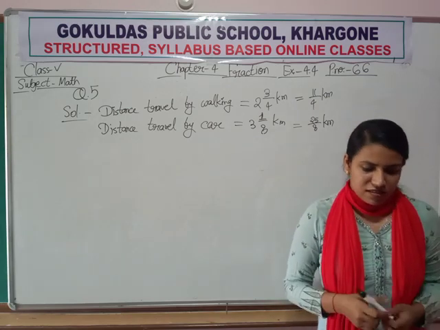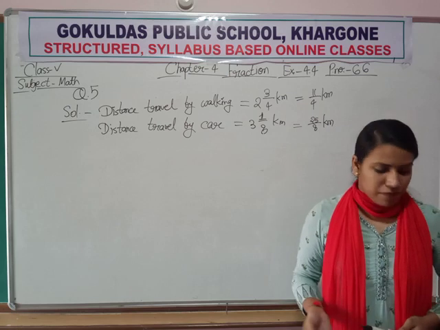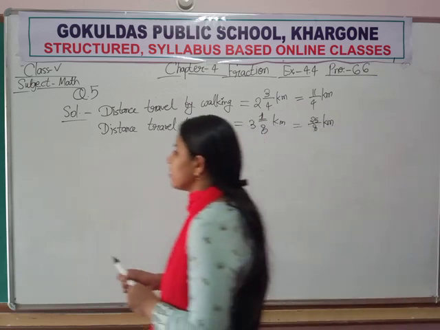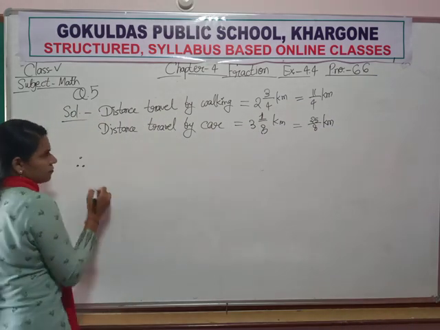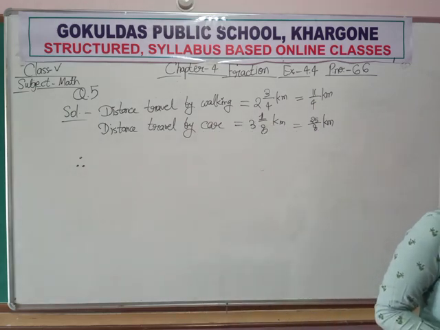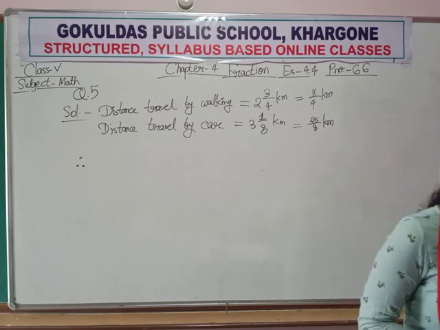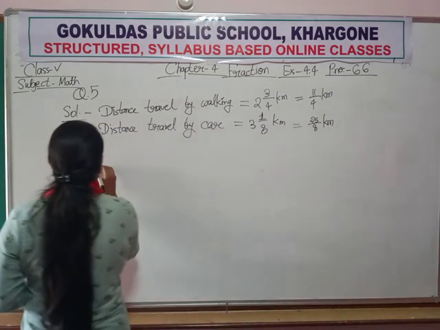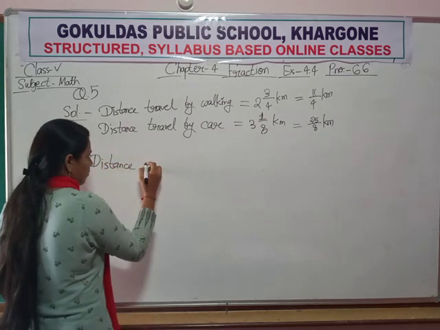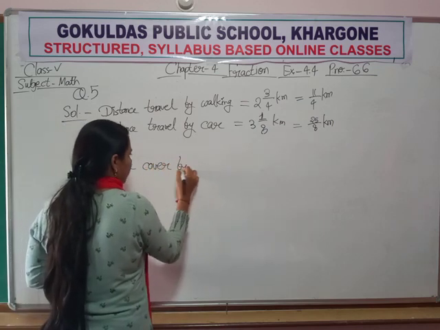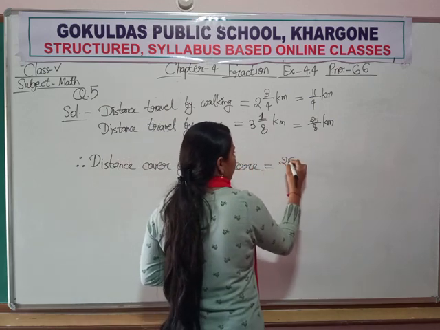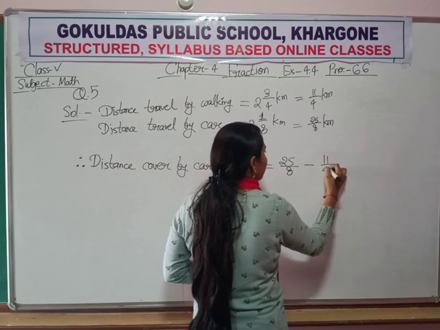So they are asking how much more distance she covered by car. Therefore, distance covered more by car is equal to 25/8 minus 11/4.